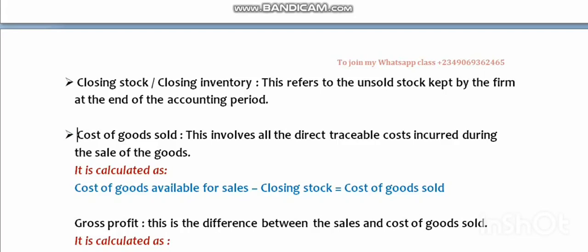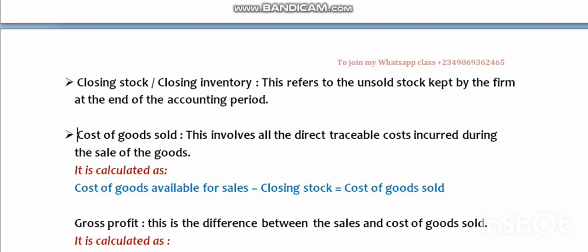So it means that indirect costs or overhead costs are not part of it. The overhead costs are excluded. So what are the overhead costs I'm talking about? It can be discount you allow to the customer. This is part of the cost incurred in selling the goods, but it is not directly traceable, so it is not a direct cost.